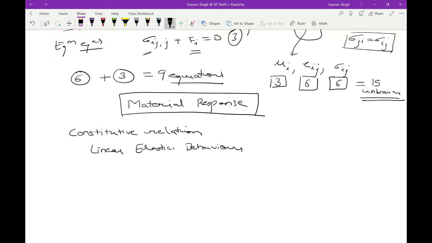So you may have learned about the uniaxial test, in which you have a sample like this, a so-called dog bone sample. You pull it from two different sides.